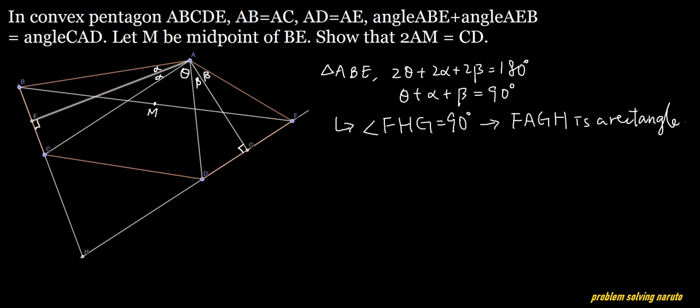If you don't know it, you can look it up on Wikipedia. Whenever you have a triangle like this, and you have a point like this, it doesn't have to be the midpoint, somewhere along the side, then there is something called Stewart's theorem.